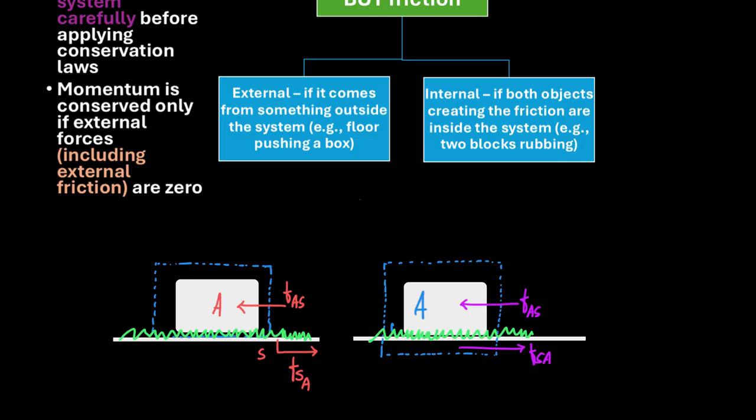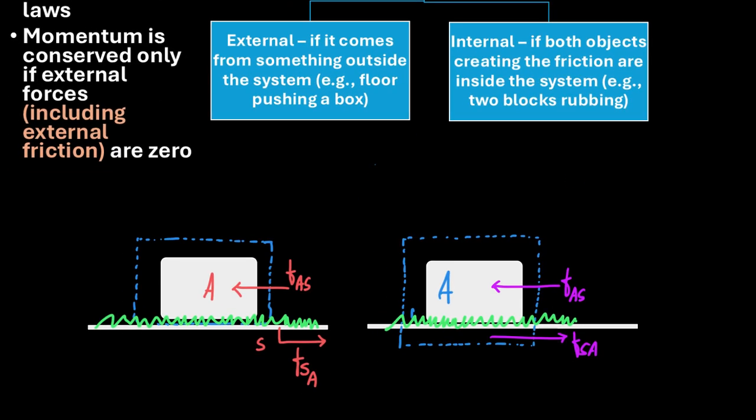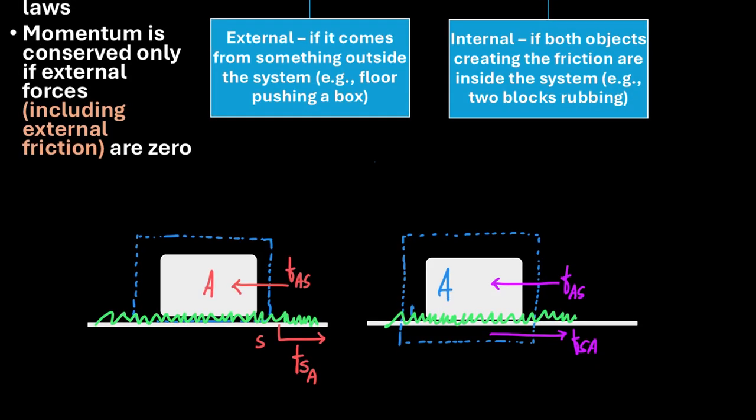Now, you might be wondering, I've repeated the same thing. Yes, but there's a minor difference. What is that? Exactly, the system here is the difference. This system considers, the boundary here considers only A within it. But this system considers both the block and the floor within it.